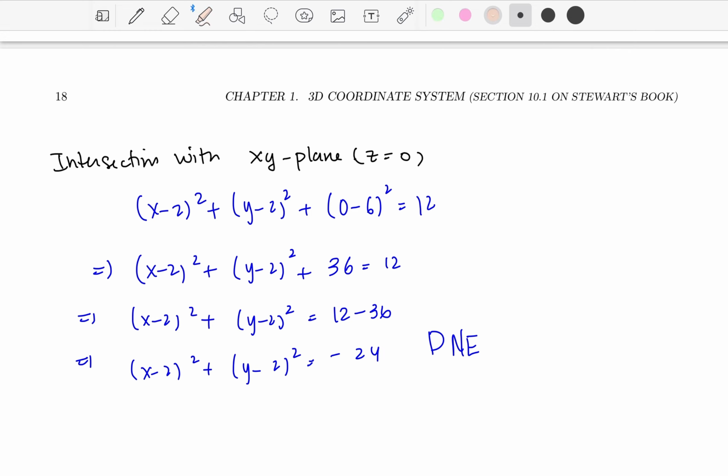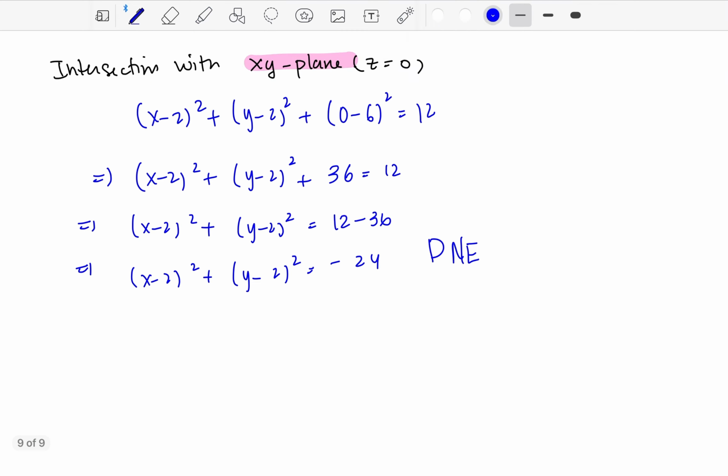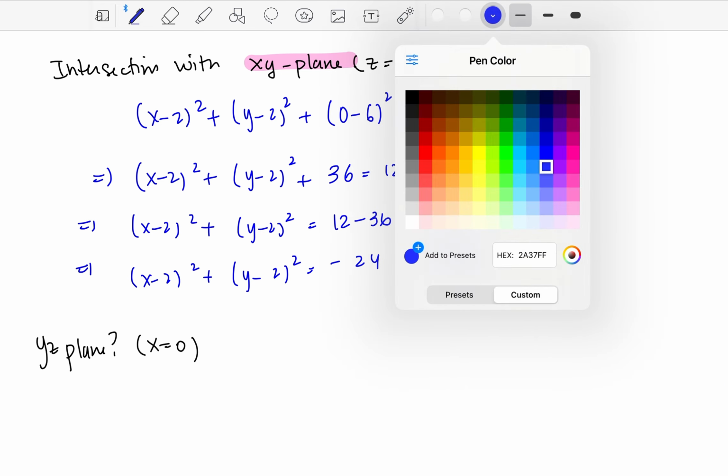But maybe we can try something else, maybe with the yz plane. Let's see what happens if I try with the yz plane. So for the yz plane, we know that x is equal to 0. So let's see, back to blue.